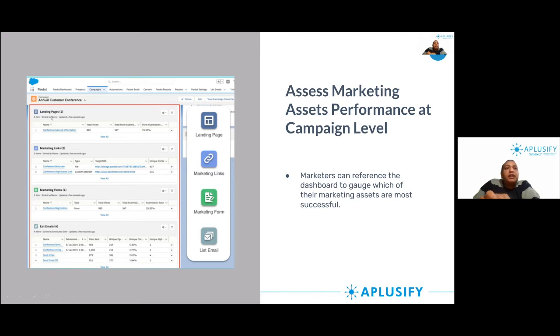So if you see landing pages, conference general information, how many views were there, 882, total forms submitted, 187, right? And the percentage of forms submitted out of the total views, which comes out to be 21.2%, right? So you can see that 888 people viewed it, right? And out of that, only 21% actually submitted the information.